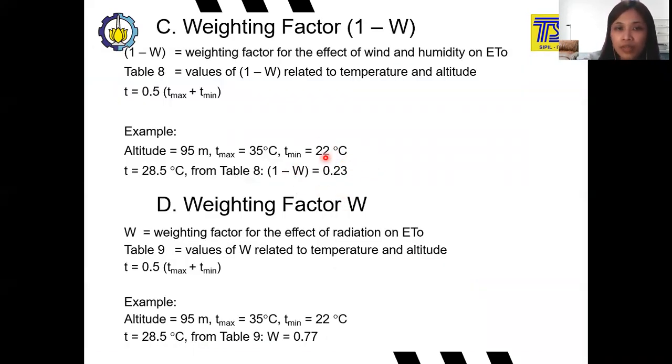Here we have 1 minus W equals 0.23, and then the W is from table 9, or from this equation, we can know directly that W is equal to 0.77.